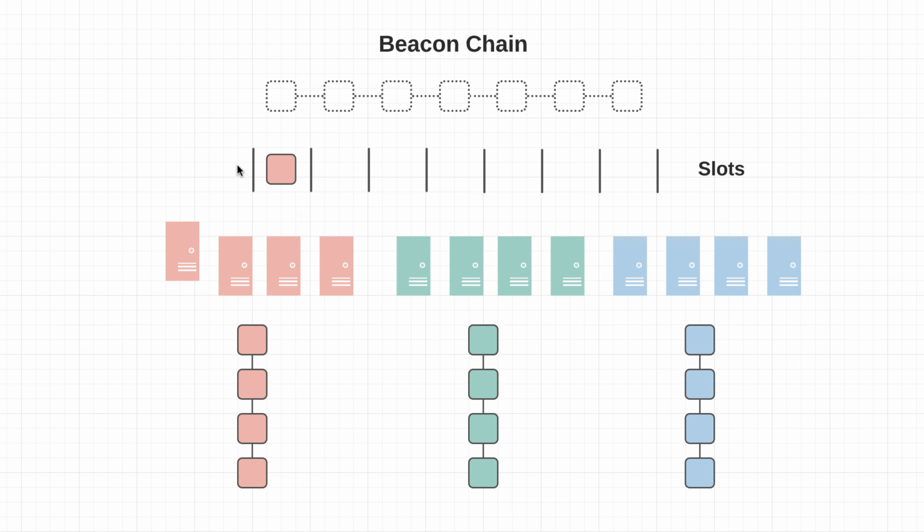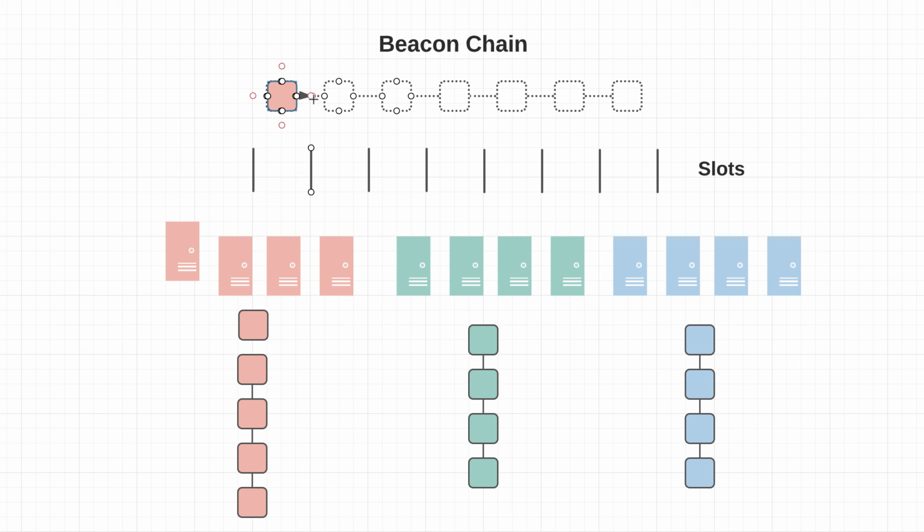Now, the last thing I want to discuss is a topic called crosslinks, and that is once a new shard block, actually let me duplicate this. So duplicating this, but it's actually referencing the same block, and you'll see why in just a second. Essentially what I wanted to say is that once a shard block has enough attestations, then something called a crosslink is going to be formed.